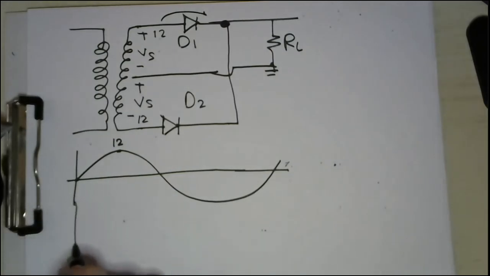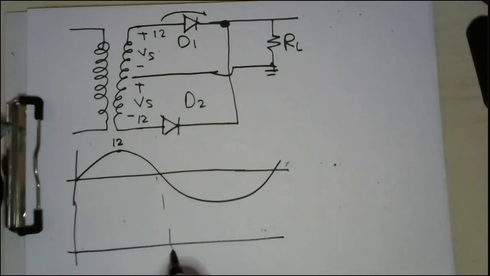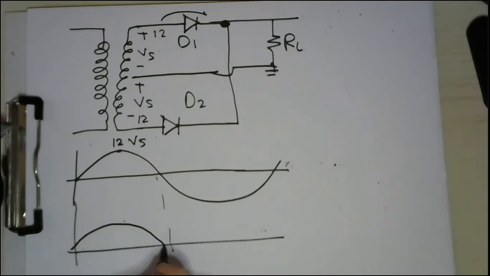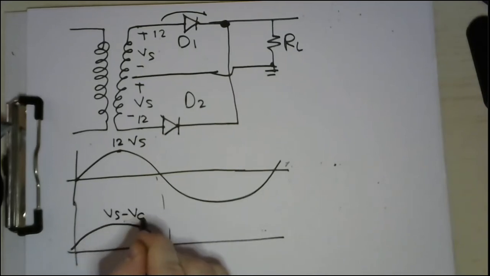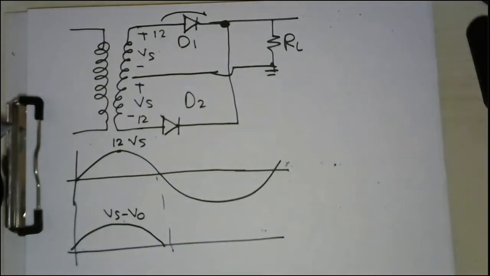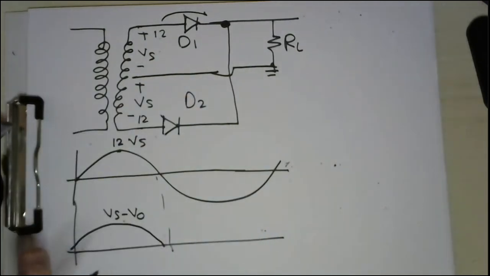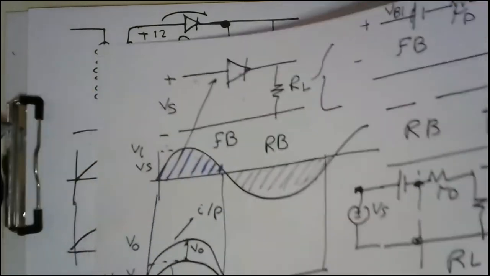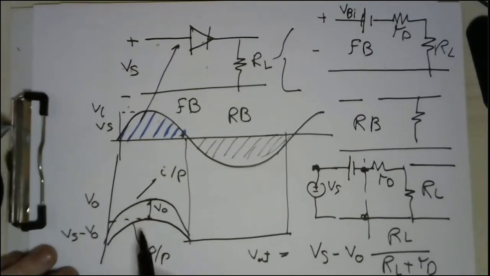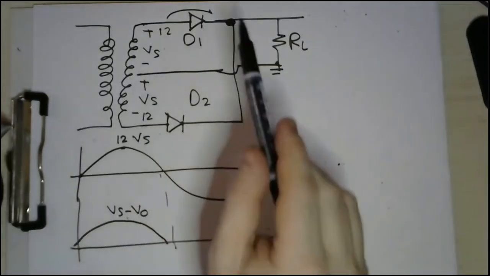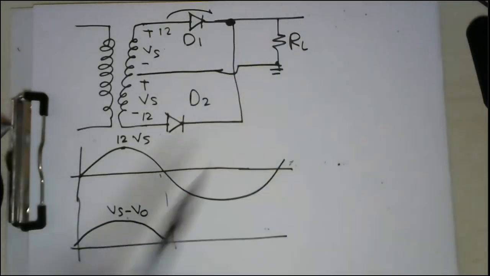So the output in this case will be Vs substituted with V node, which is the built-in potential for the diode D1. Typically, like what we did in the first example, the output is less than the input by V node. You have this diode on, so it's connected like this.